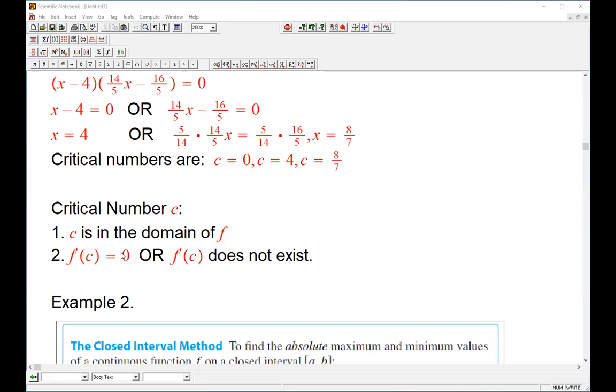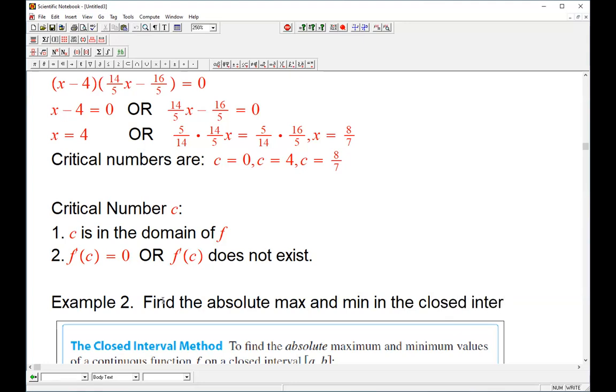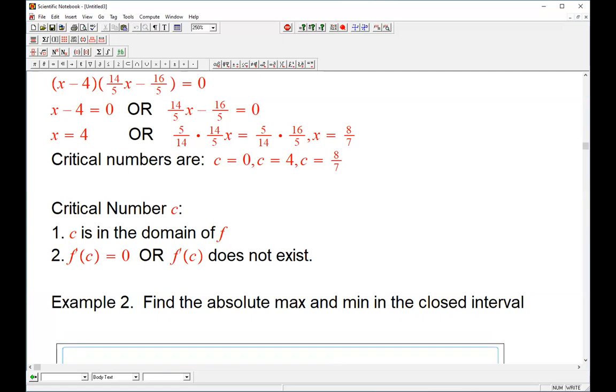We want to find the absolute max and the min in a given closed interval. This function will be of our choice.